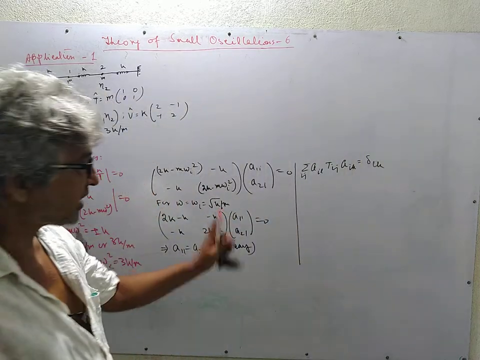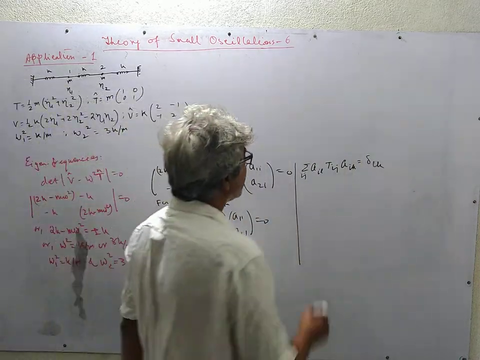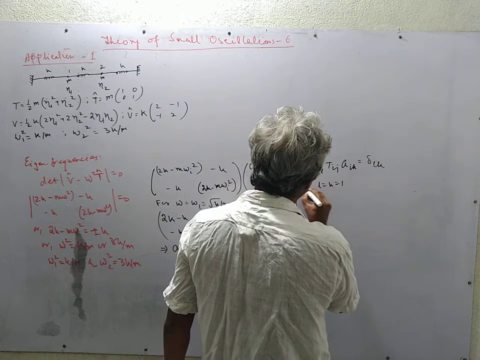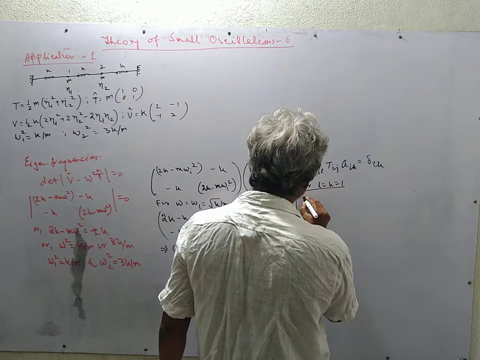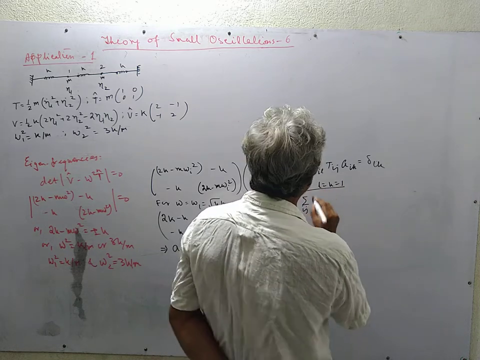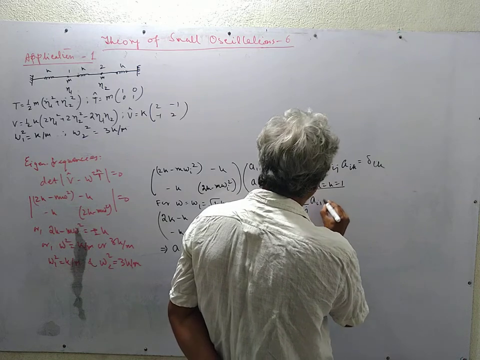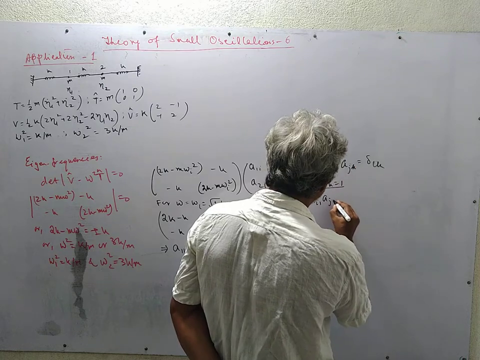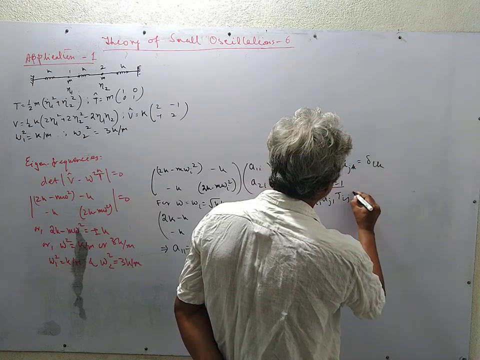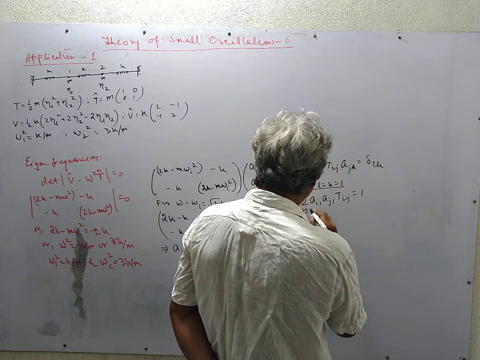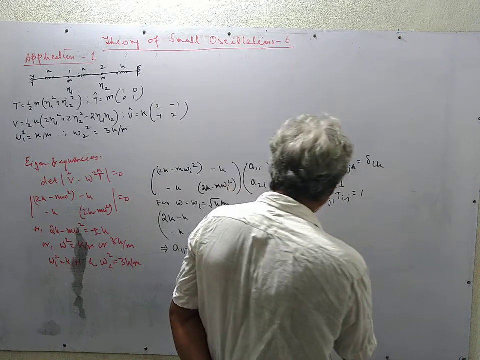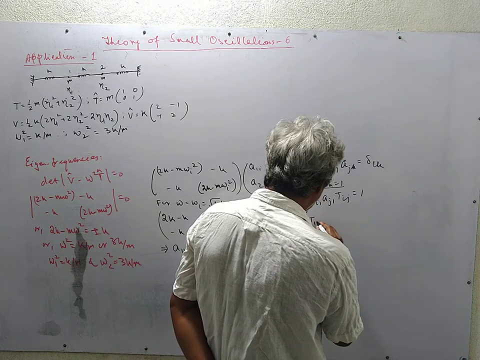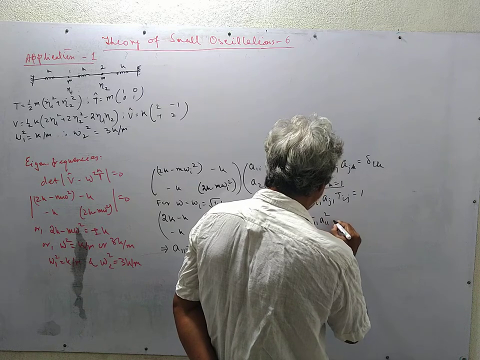If we use l and k equal to 1, then we have the summation over i, j of a_i1 T_ij a_j1 equal to 1. First, i and j both 1, so T11 a11 square.